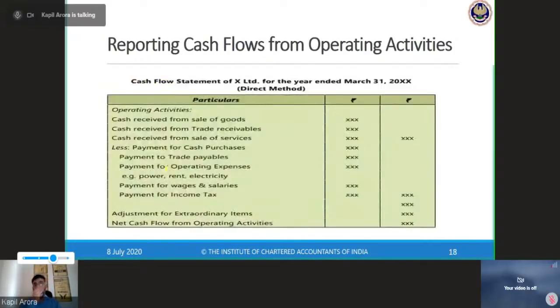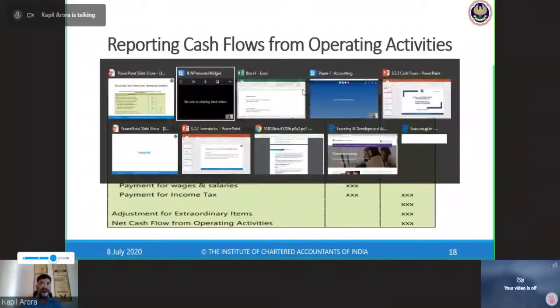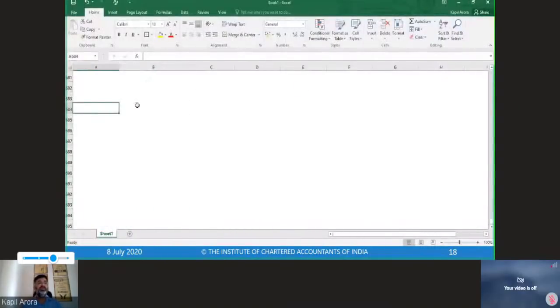Let's look at the difference between direct and indirect method. In the direct method, we follow just the cash movement. So let's assume I have an asset whose carrying value is 5 lakh.